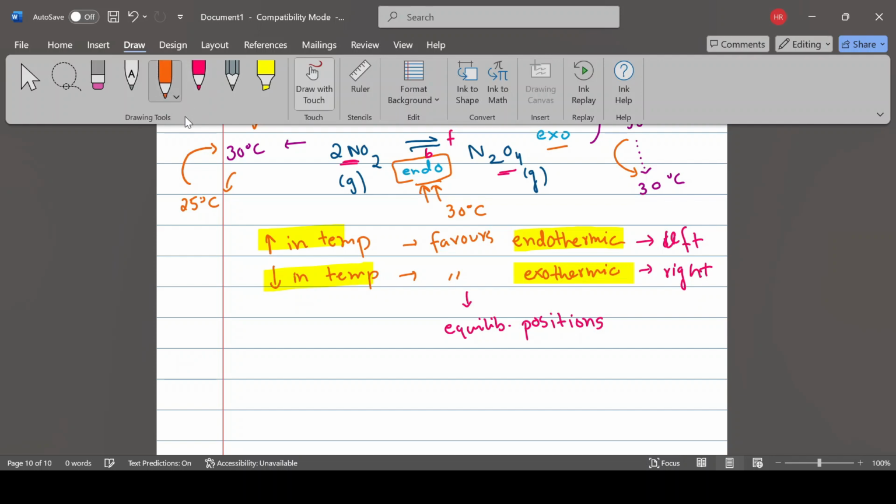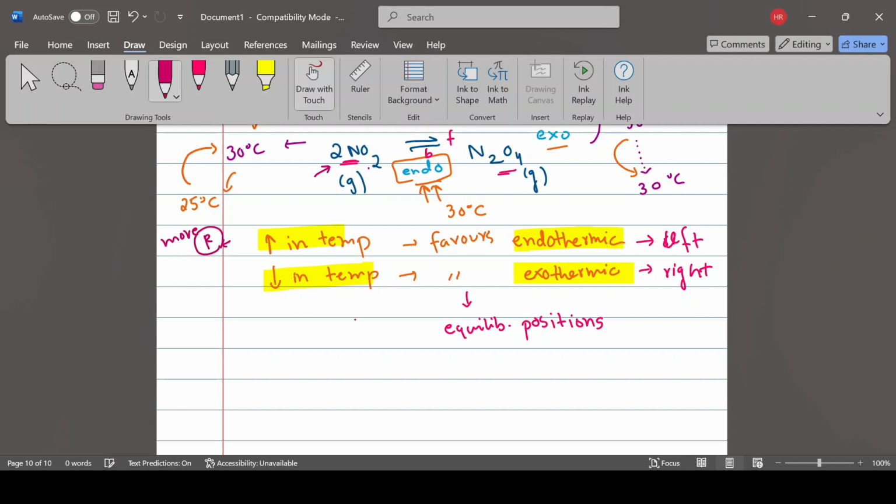Okay. Now we extend this a little bit more and we say, after the shifting of the position of the equilibrium, if the equilibrium has shifted towards the left side, which is the NO2 side, more NO2 will be produced, right? So think of it in this way: endothermic reaction is being favored, equilibrium position is being shifted towards the left side, that means more NO2 will be produced. So we say that more reactant will be produced in this case, or more NO2 will be produced.